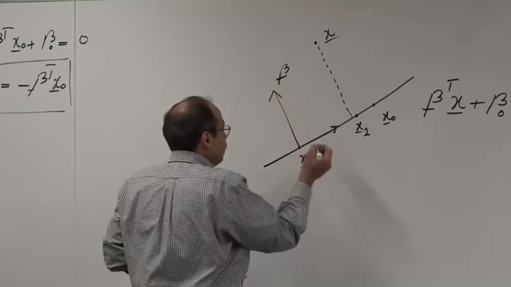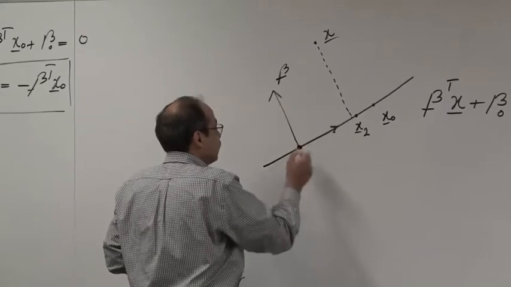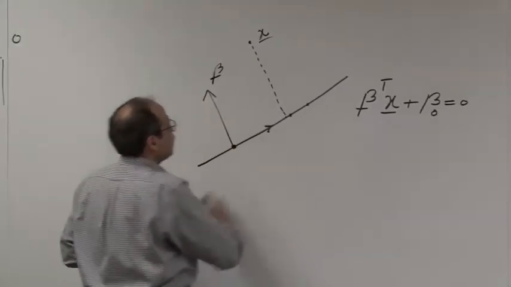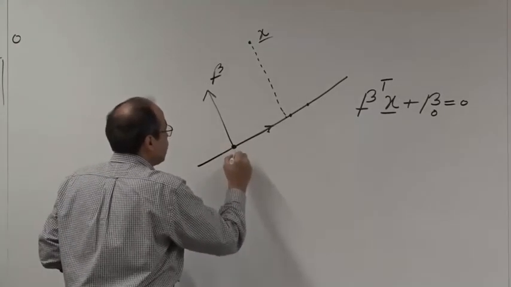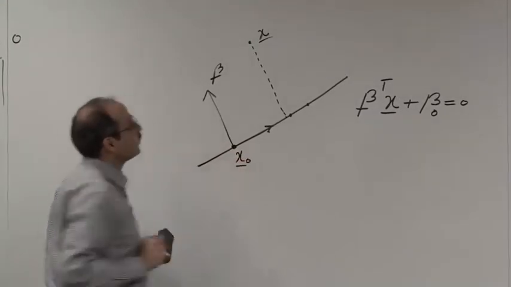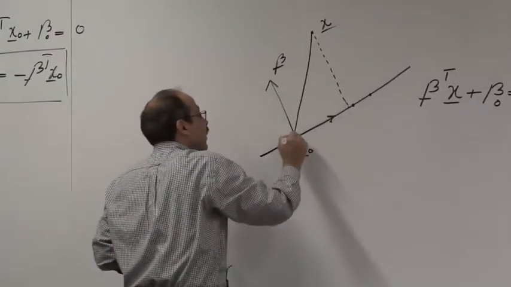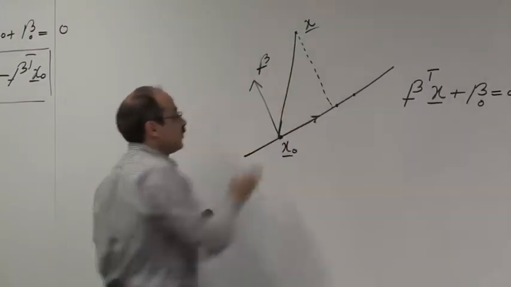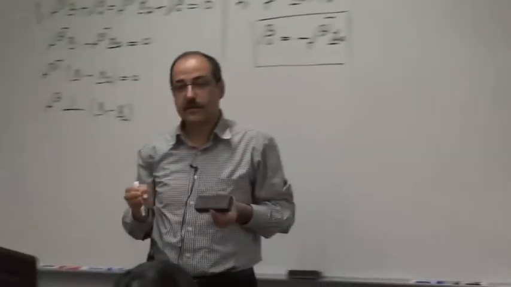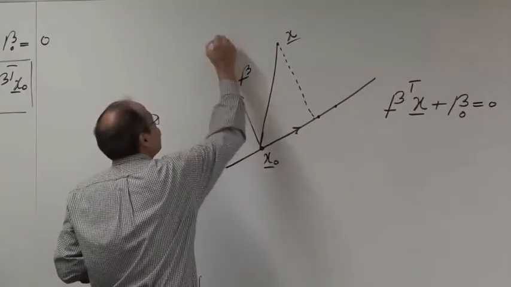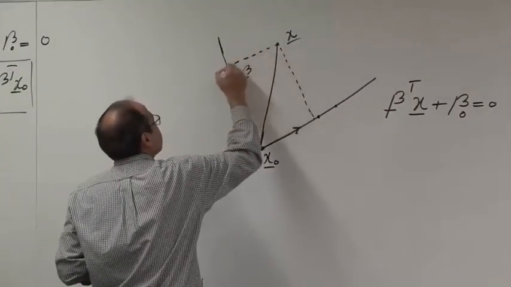So this point, let me erase these things. I call this point x naught. It's trivial to find this distance, x and x naught. I can just subtract x minus x naught. But to have the distance, I have to project it in this direction.